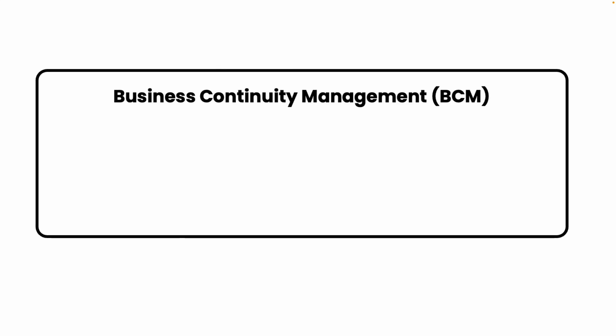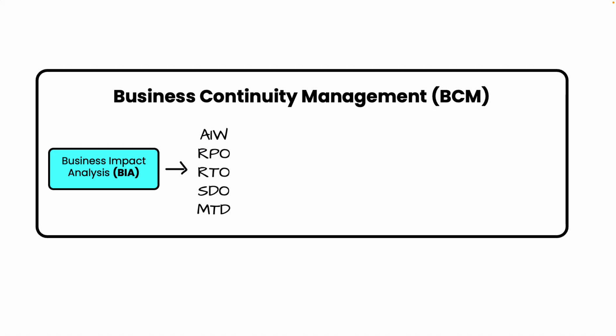So I want to just draw a picture for you here. If we look at business continuity management as a discipline, it really starts with the business impact analysis, where we are identifying those business critical services and the systems that support them. And there are a number of key metrics that we'll identify during the business impact analysis. Put a pin in those for a moment.